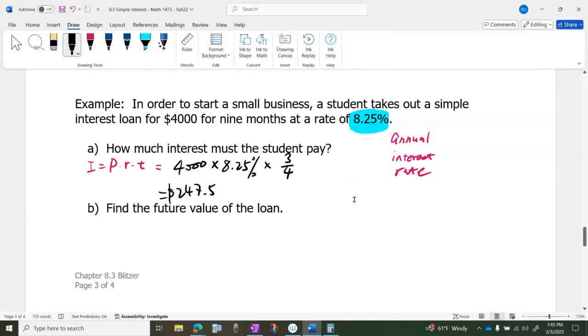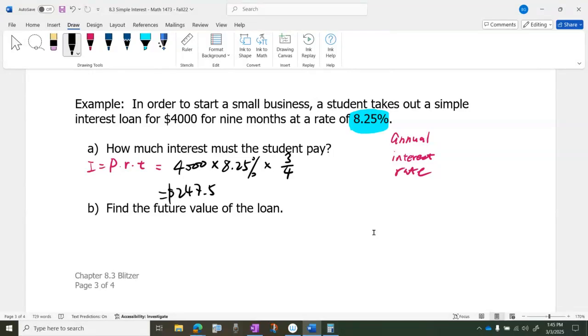So after 9 months, the student needs to repay the lender $4,000 and also the interest, right? The future value of the loan means the accumulated balance of the account that you handle the loan.